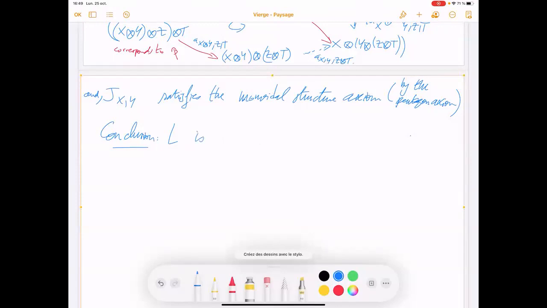L is a monoidal equivalence of category. This is what we wanted to prove.